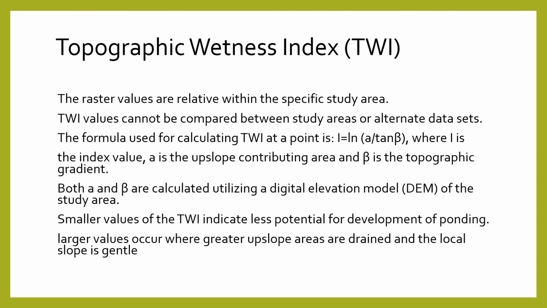And then the steeper the area is, the more rapidly that water leaves, and hence making it drier. So if slope increases, then the denominator increases, thus making the value lower. If upslope contributing area increases, it makes the numerator larger, thus making the value greater. And that's basically how it works.